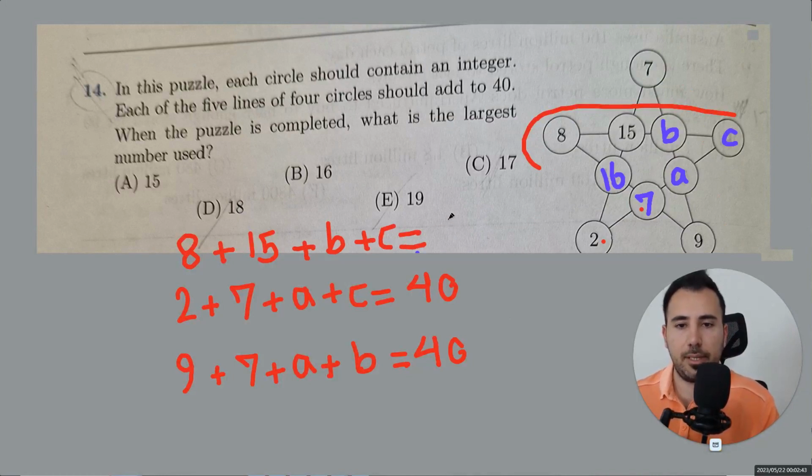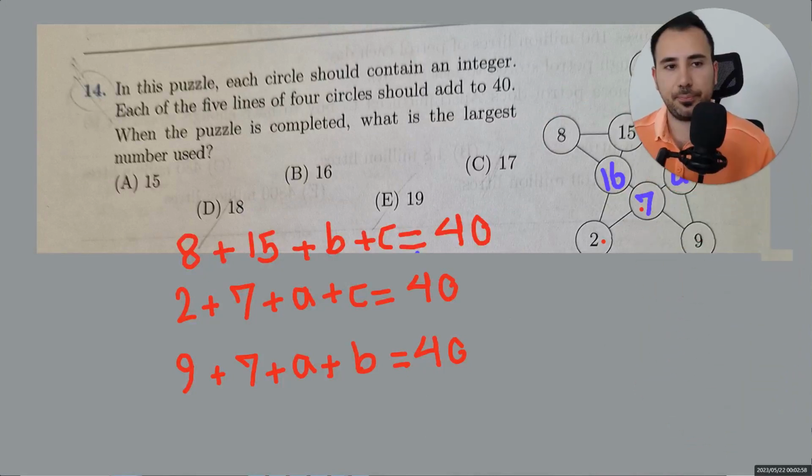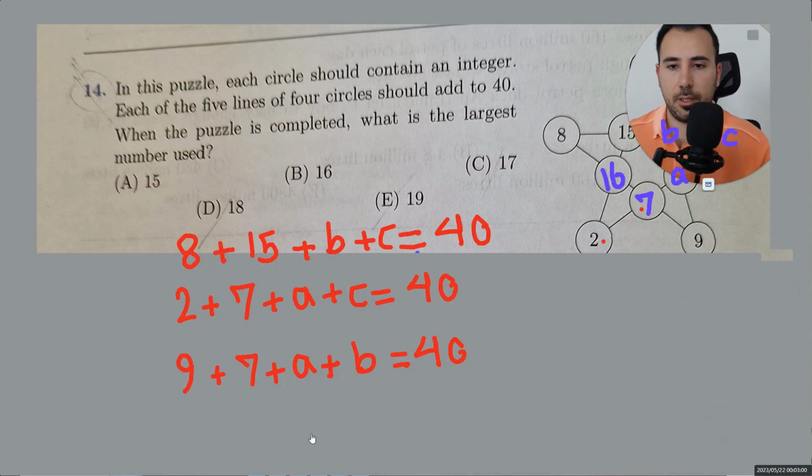Now we have 3 variables and 3 equations, so definitely doable. But we have some space problems here. So let's simplify this one.